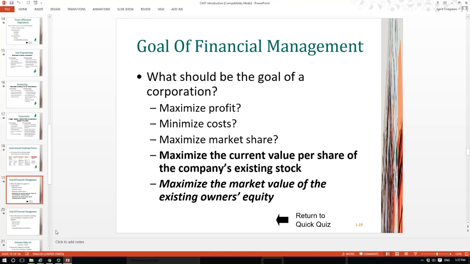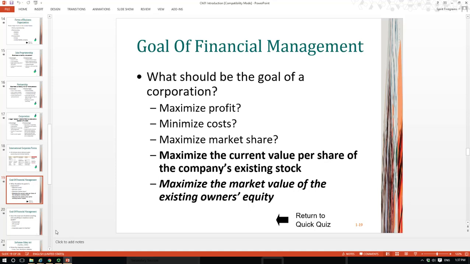And on the market, people know that stock price reflects the intrinsic value of a company. So we probably can utilize stock price or the market value of equity as a proxy for shareholders' wealth. Therefore, maximizing shareholders' wealth could be equated to maximizing the share price, the stock price, or maximizing the total market value of shareholders' equity.